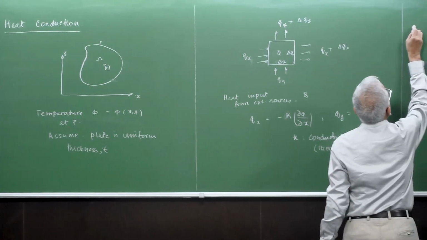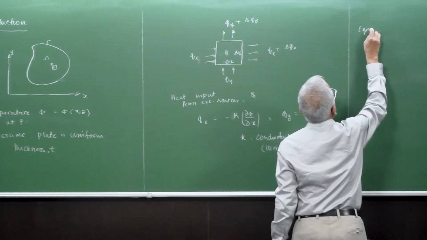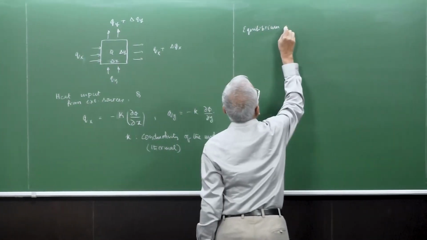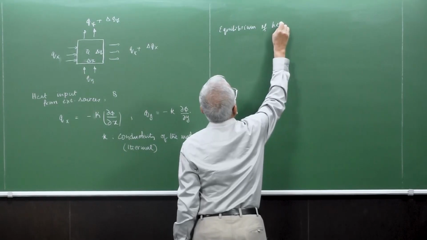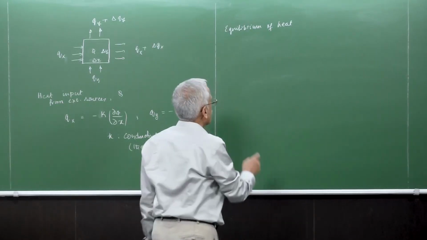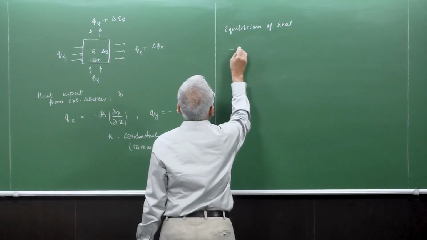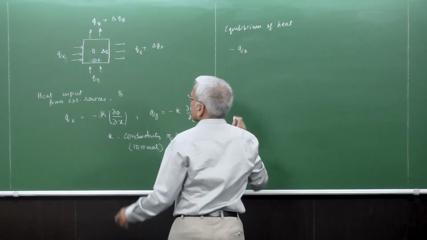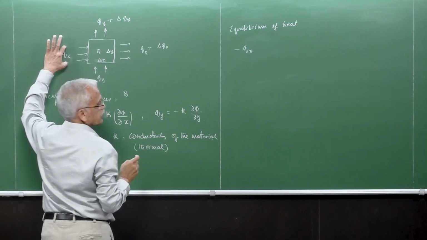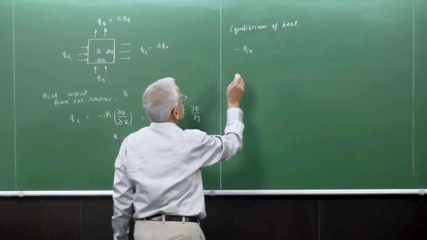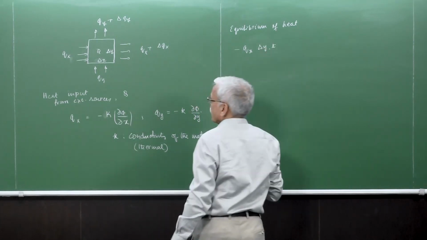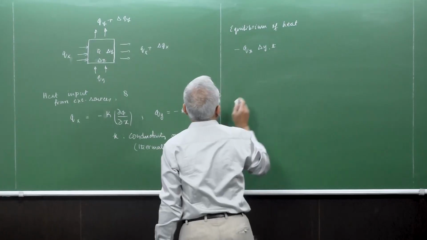For equilibrium, we take minus Qx, which is the flux per unit area, multiplied by delta y and thickness T. T is in the other direction.